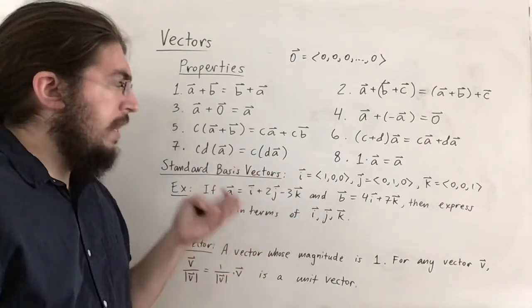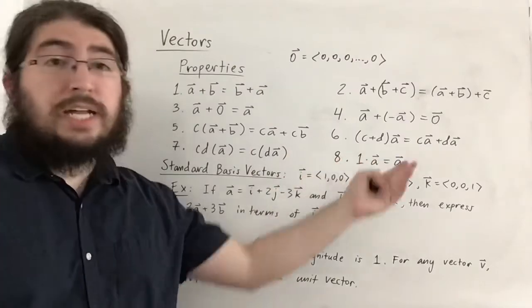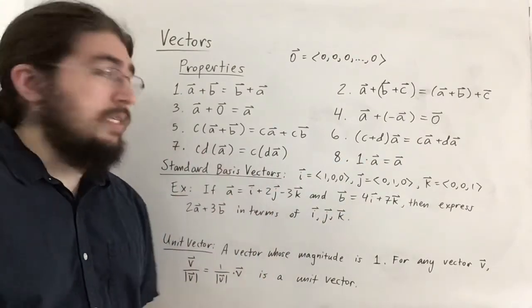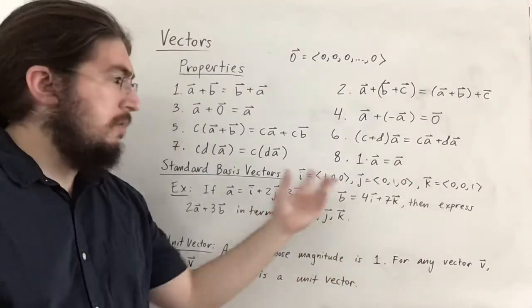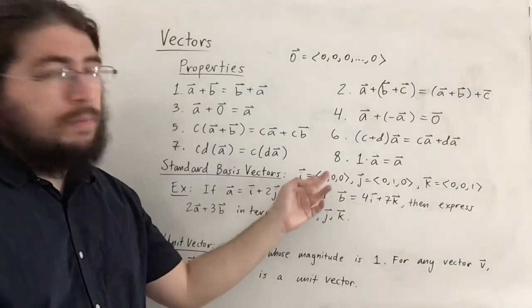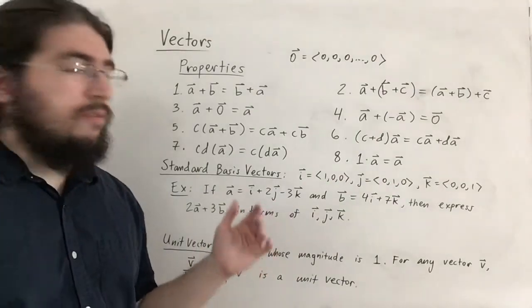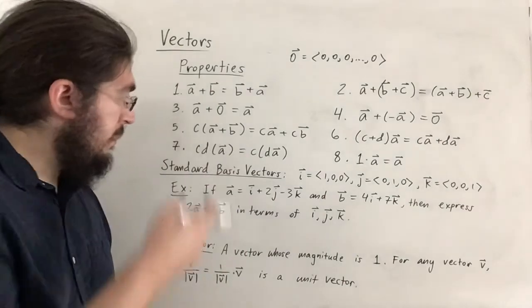We can write any vector as the sum of scalar multiples of these i, j, k vectors, and it ends up being the same. Now this is specifically for 3 dimensions. For 2 dimensions, you wouldn't even use k because you wouldn't have a 3rd dimension, you'd only have these 2. So in that case, i would be 1, 0, and j would be 0, 1. And if you wanted to go to 4 dimensions, it would be i, j, k, l, I guess, because that comes after k in the alphabet.